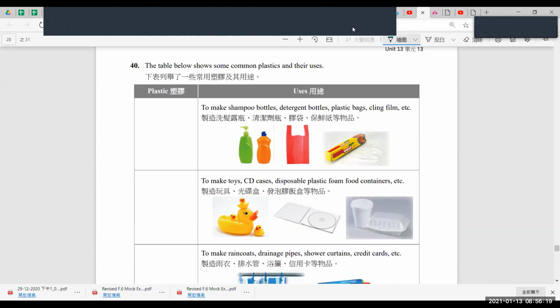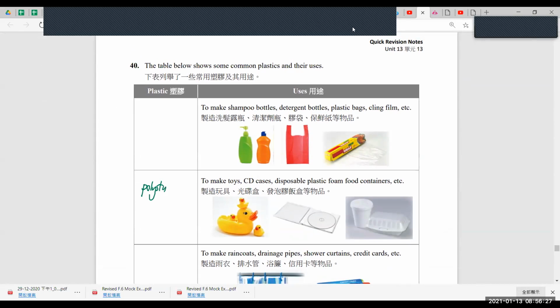In a lab we call it 水晶膠. Have you ever heard of the term 水晶膠? Now polystyrene is on here, with the abbreviation PS. It is a clear structure, like it was once used as CD cases.